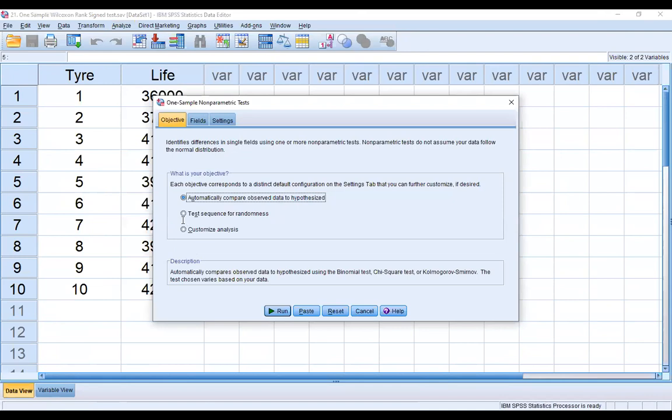If the Shapiro value is showing the data is normally distributed, greater than 0.05, then you can take the parametric test. Okay. Again I am repeating: analyze, non-parametric test, one sample.